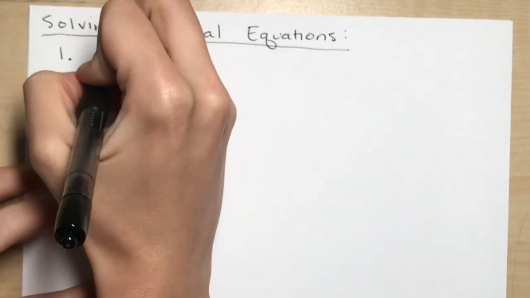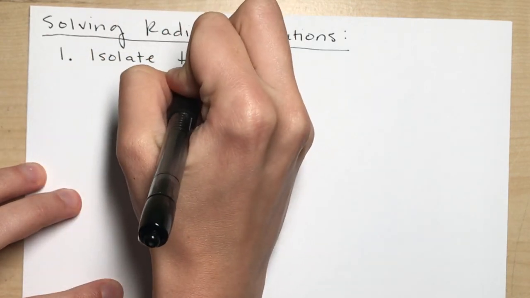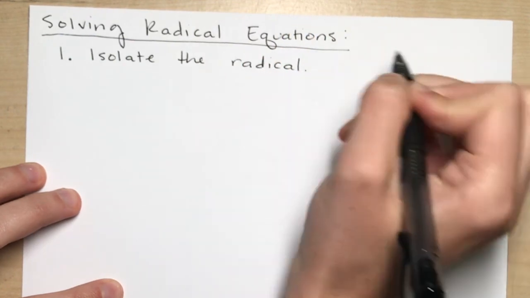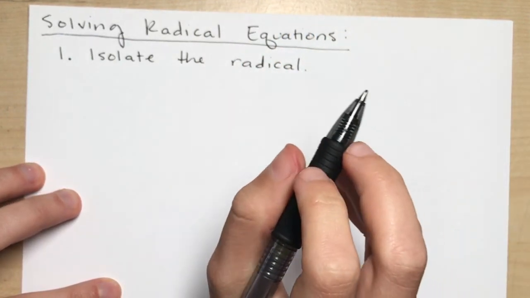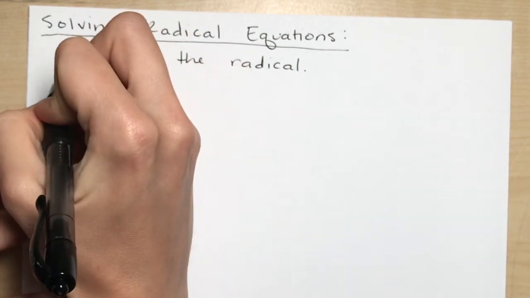Our first step is to isolate the radical. There's a lot of stuff that we start by isolating, right? Absolute value, logarithm, exponential, a ton of stuff.